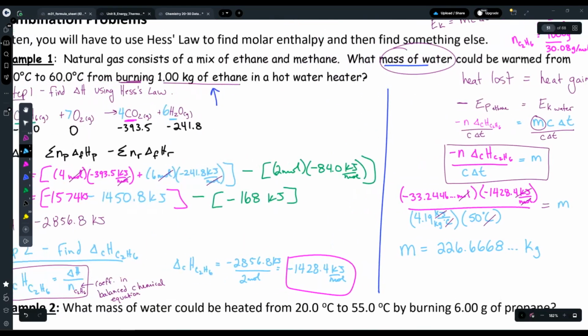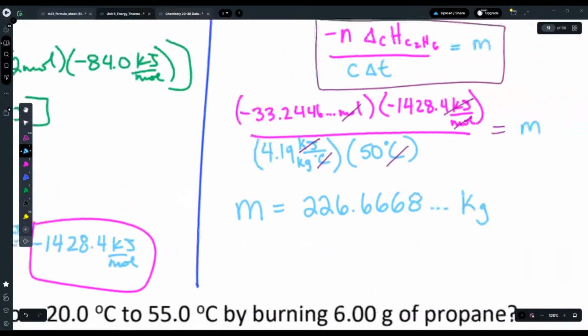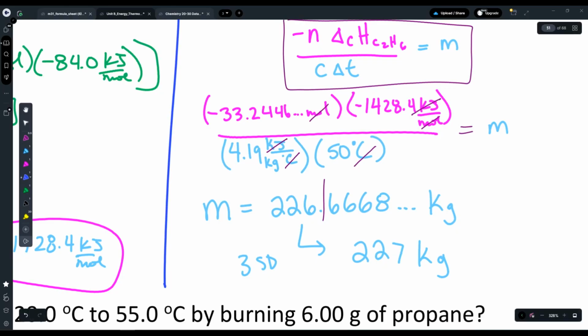All right, now looking at our question, the numbers given to us, all of them were in 3 sig digs, so my final answer needs to be in 3 sig digs. So that means my cutoff line is going to be right here. So that's going to turn my answer into 227 kilograms.